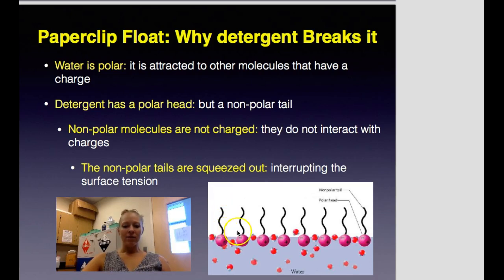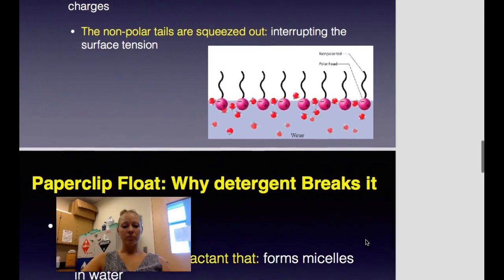And now we have these amphipathic molecules sticking up out of the water, breaking up the surface tension, not allowing that skin to form and making the paperclip drop. So the amphipathic nature of detergent is what allows the surface tension to be broken.